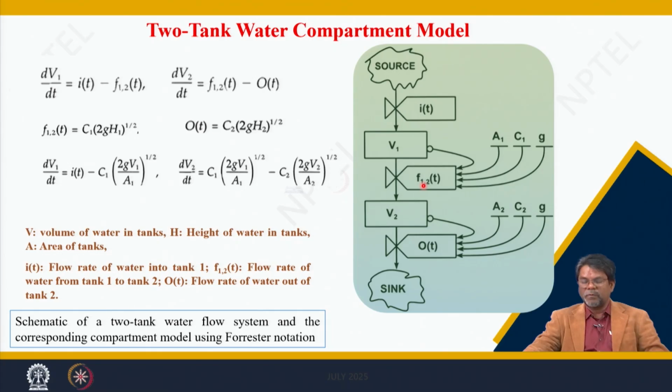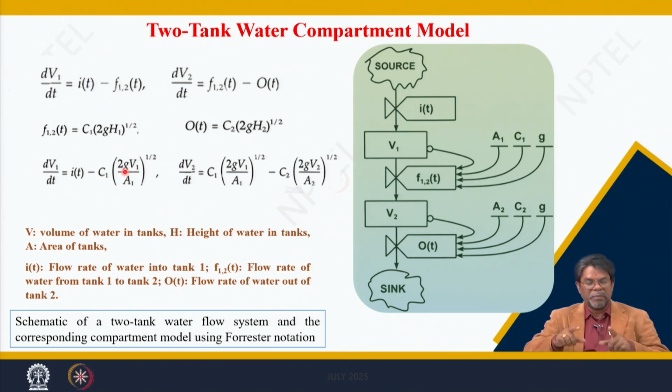So, the rate variable is the flow rate of water from tank 1 to tank 2. If you see F1 to T, F1 to T is equal to C1 times the square root of 2gH1, or C1 times the square root of 2gV1/A1. So, this rate variable F1 to T depends upon C1, which you can say are parameters, A1, V1, and g.